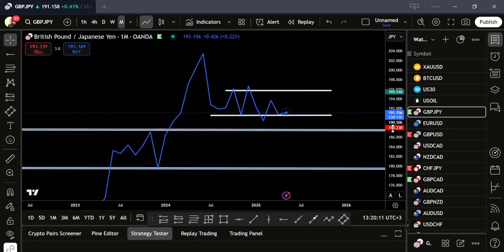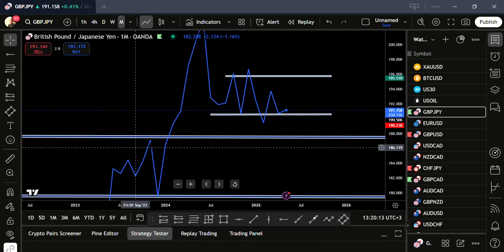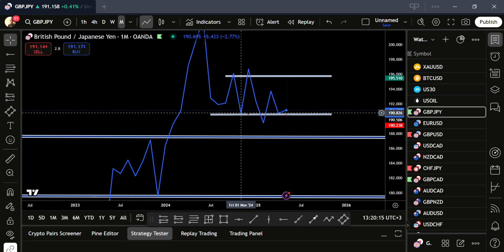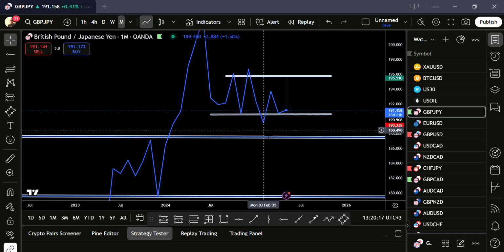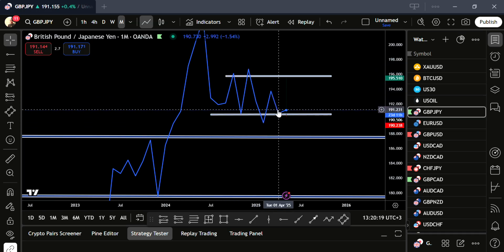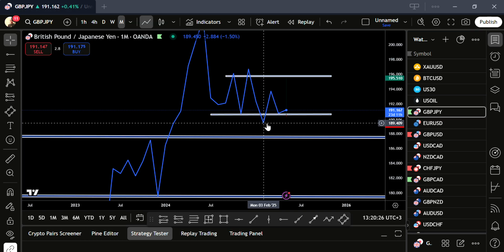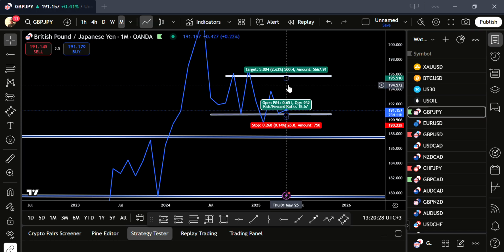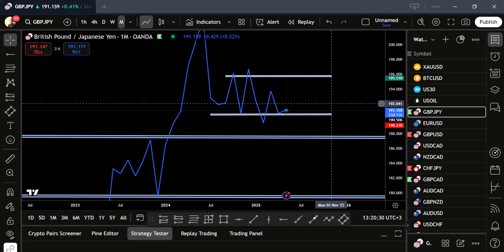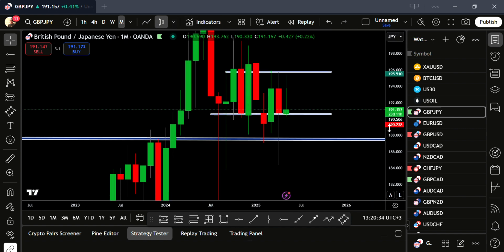However, in this consolidation, what do you see? You see price coming here, going up, then coming down and going up, then coming to stand on this shoulder here. So you have an inverted head and shoulder. This is a shoulder, this is a head, this is another shoulder, and it is pointing up. What does that show? It shows that we are going bullish. That is the monthly time frame.